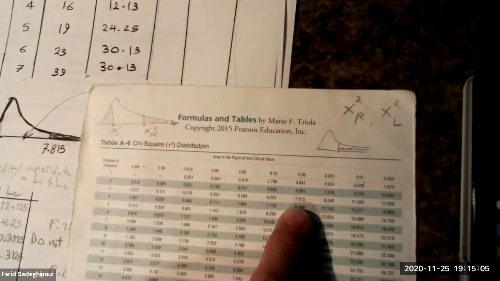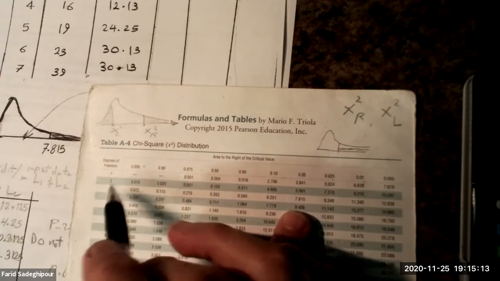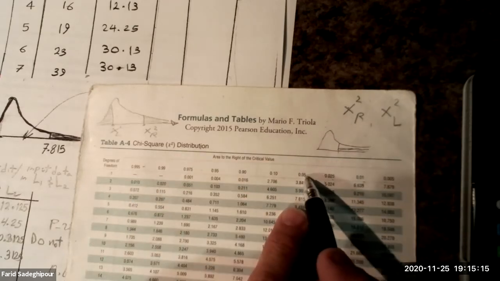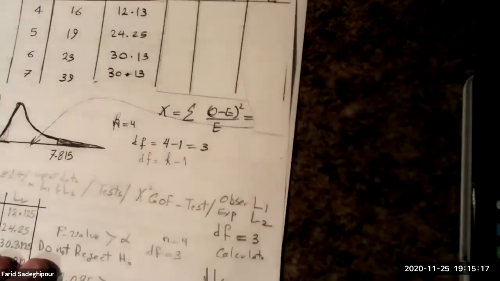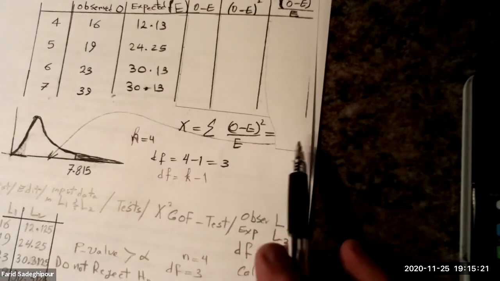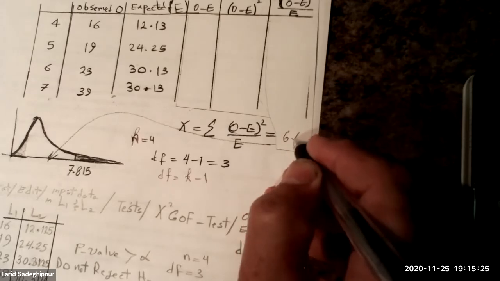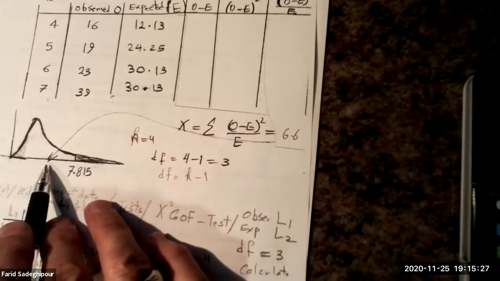You find that number. K was 4, DF is 3. And this is 0.05. That's your number, 7.815. That's the number you put here. And this number that we find here, which is 6.6, is falling here. It doesn't fall into the critical area.